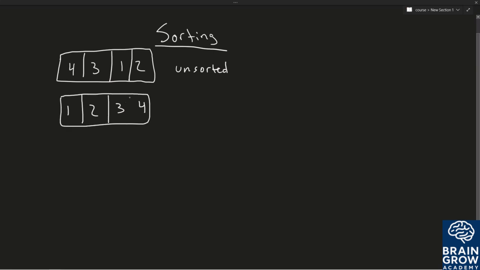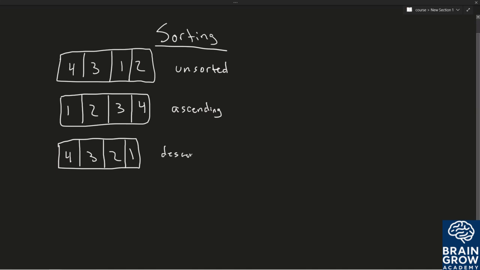And that would mean that our vector is now sorted in ascending order. So this is ascending. So ascending means that our values are in increasing order. Therefore, if we wanted to do a descending sort, our values would decrease as we sort them out. So they would be descending.